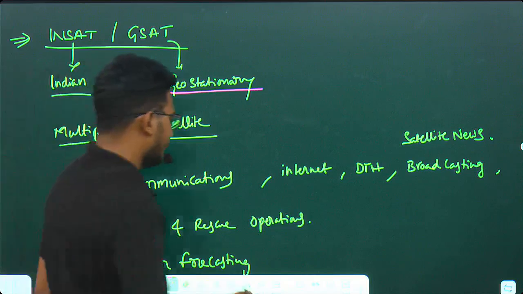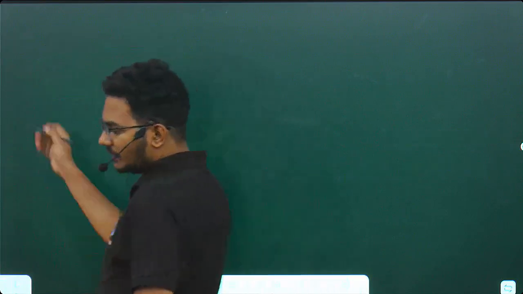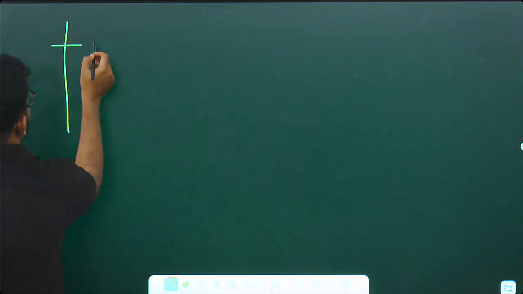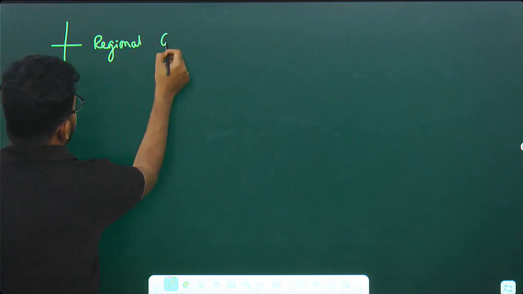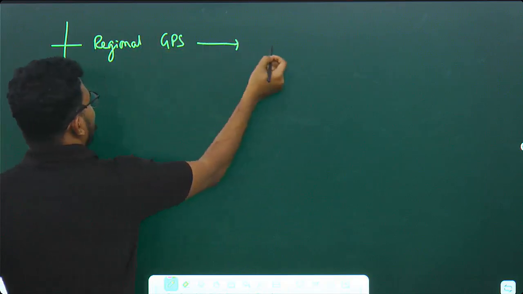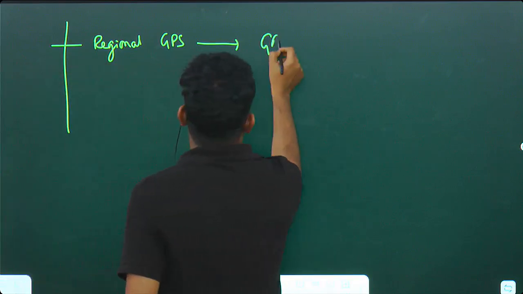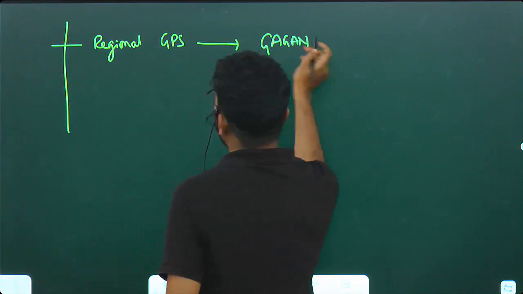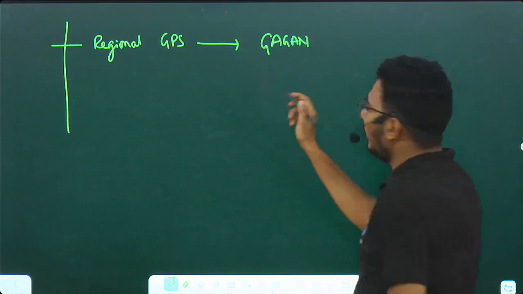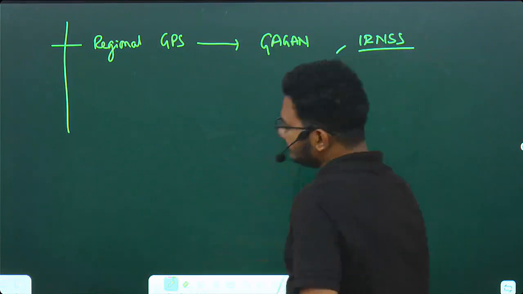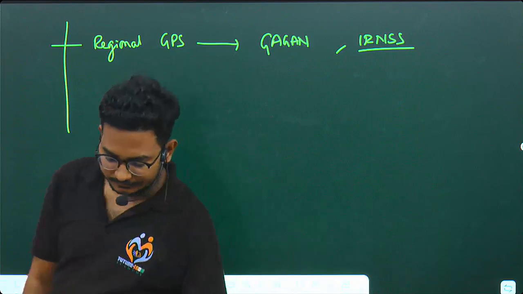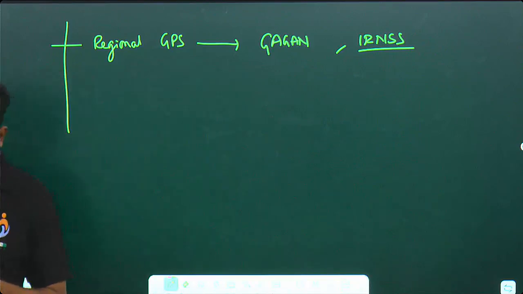Okay, next, navigation, this regional GPS. One is this Gagan. We'll read about all these things in a later part. And IRNSS, Gagan and IRNSS.